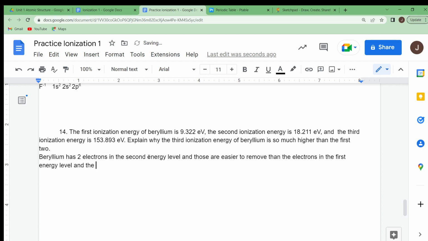And the third ionization reflects an attempt to remove those electrons from the first energy level. Okay.